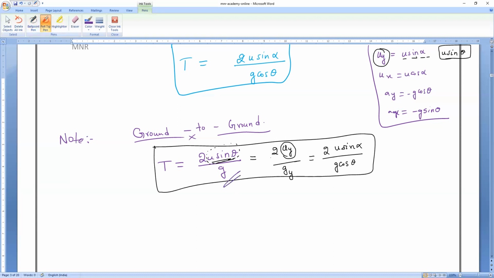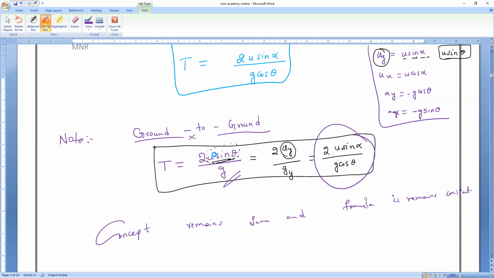This is the formula for ground to ground, and this is the formula for the inclined plane. The concept remains the same, and the formula also remains constant.